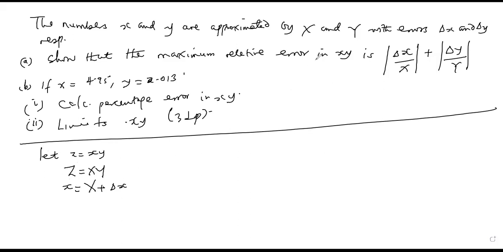But remember, they gave us the approximations now as capital letters, so don't confuse that too. The approximations are capital letters, while the numbers are small letters. So that's why I say that our small y is going to be equal to capital Y plus small change in y.